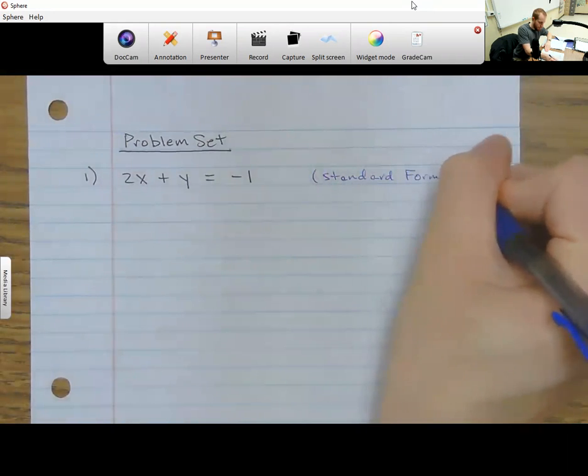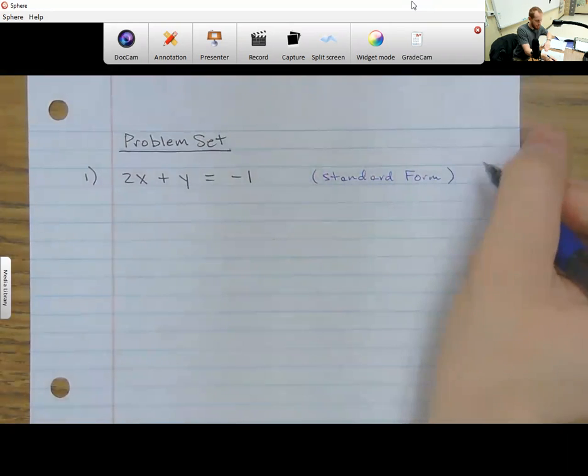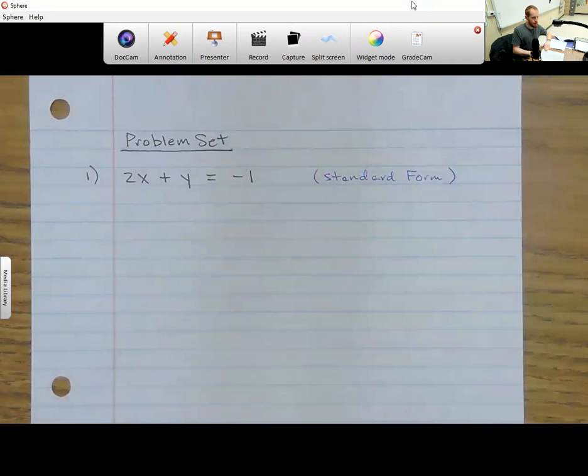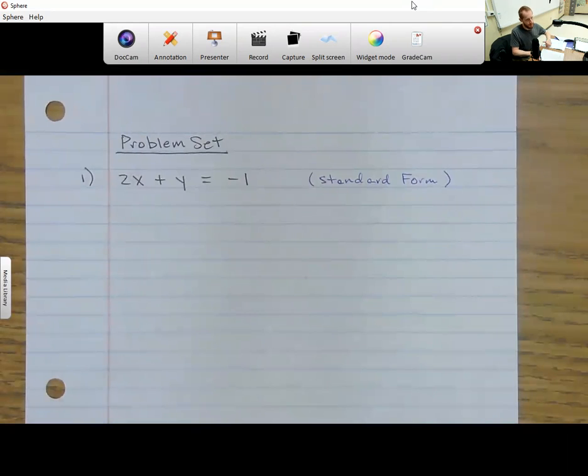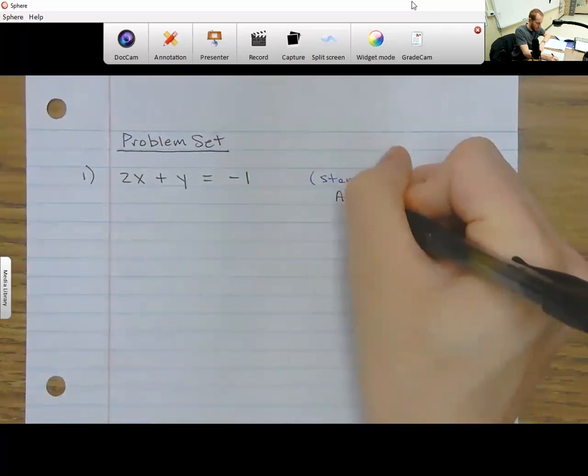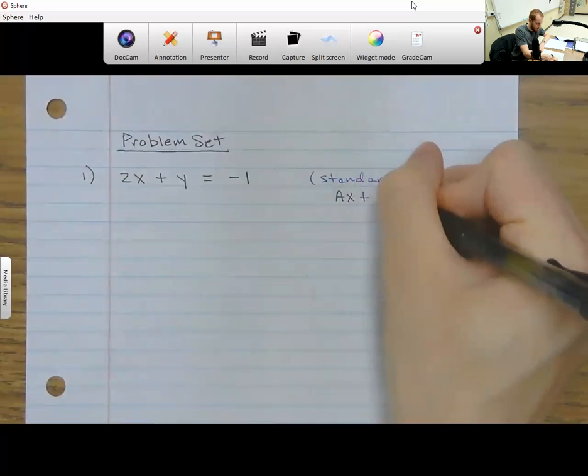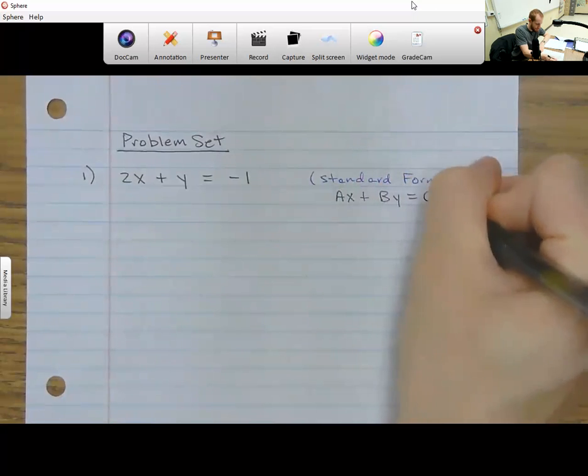And what I want to do is I want to take it from standard form into slope-intercept form and possibly back. But we'll focus on one step first. So I already have something that's in standard form. It's basically in that ax plus by equals c that you're already aware of.